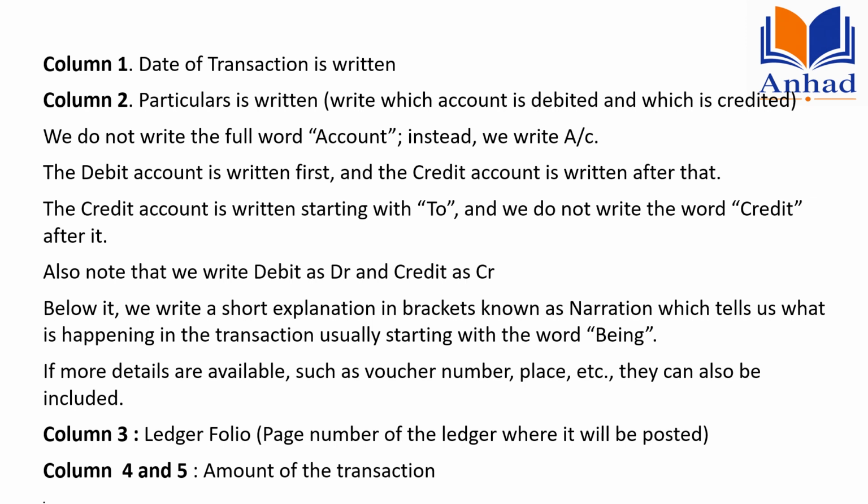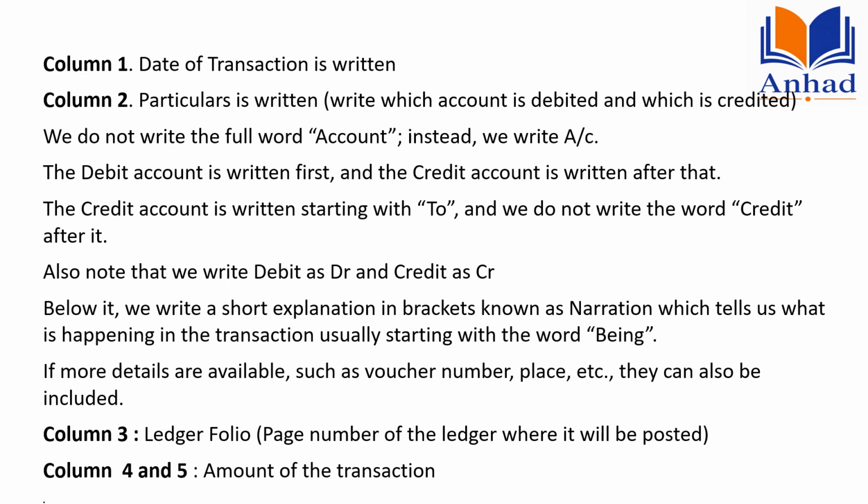Also note that we write debit as DR and credit as CR. Below it, we write a short explanation in brackets. This is called narration, as to what happened in the transaction. It usually starts with the word 'being'. If more details are available, such as voucher number, place of transaction, etc., they can also be included.